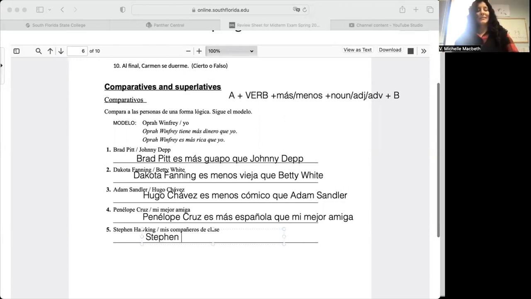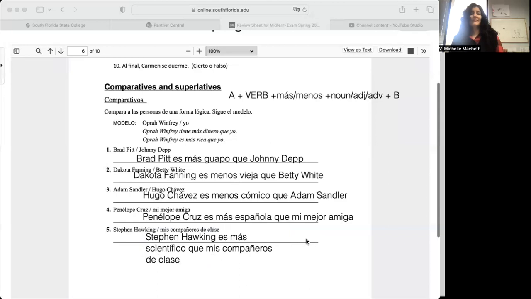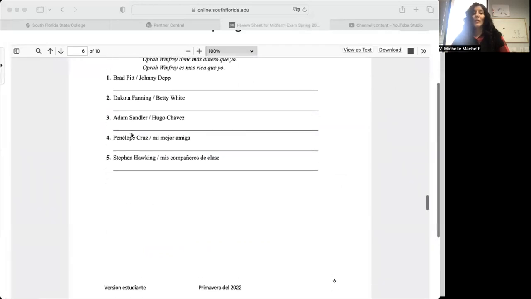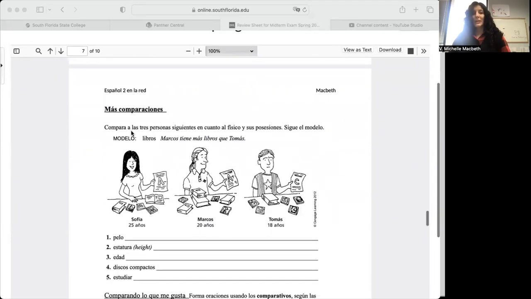Stephen Hawking es más científico que mis compañeros de clase. ¿Sí? So I've just followed these little formulas to create examples, but they're not the only examples you could have done. You could have done others.